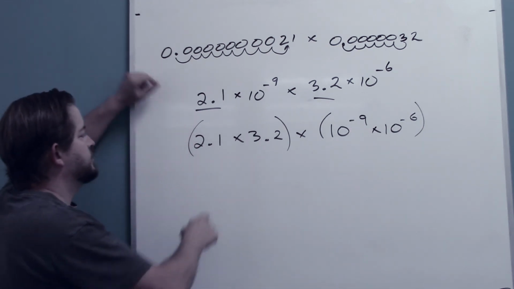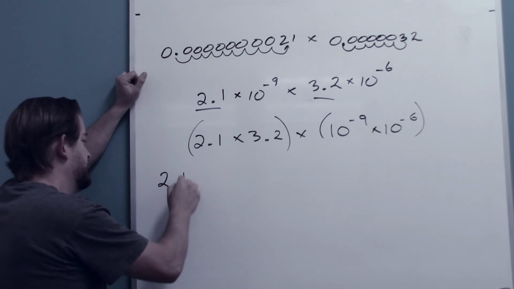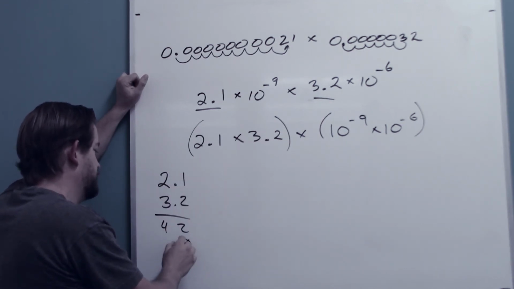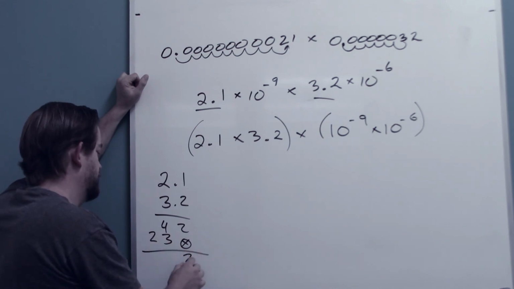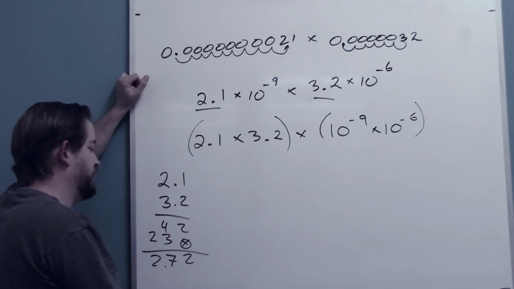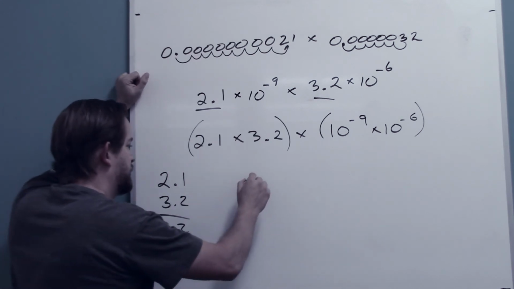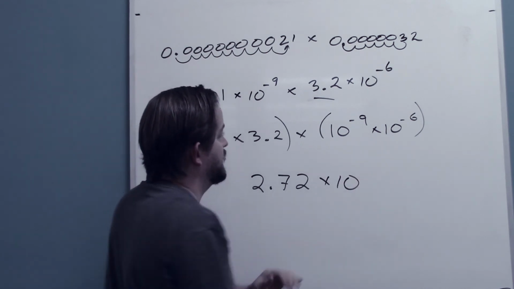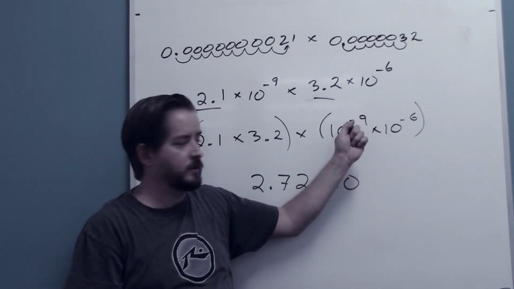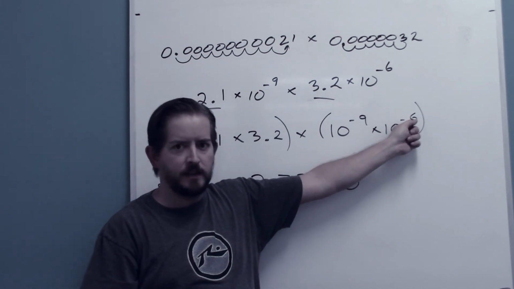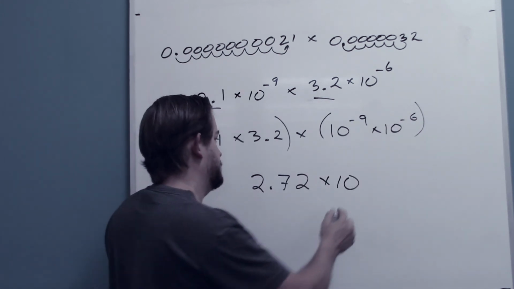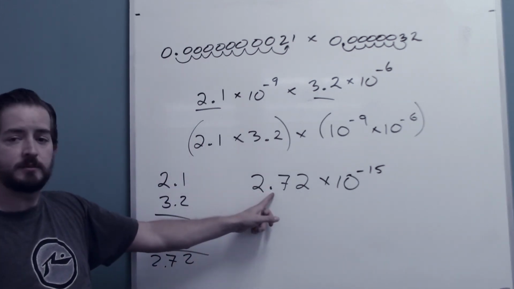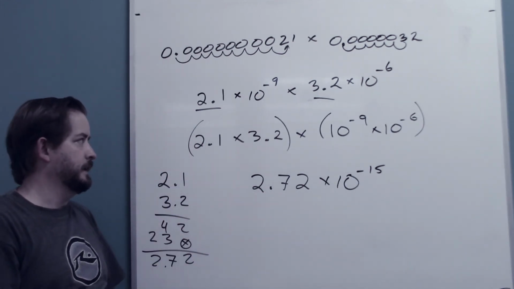Right? 2.1 times 3.2, 2, 4, scooch over, 3, 2. 6.72 times 10 to the, you're adding these, but they're both negative, so that's -9 plus -6 more, that's -15. And I'm done. It's in scientific notation because the decimal's in the right spot. Voila, done. Right?